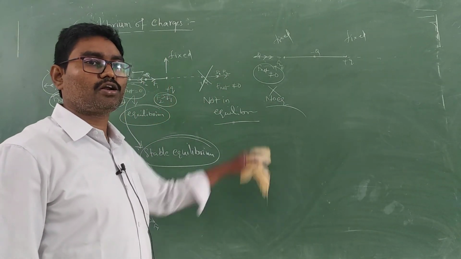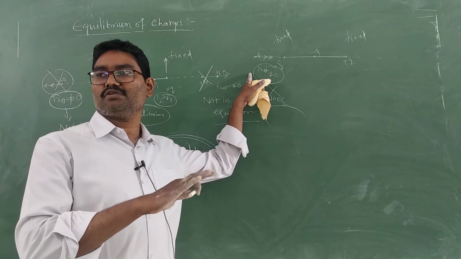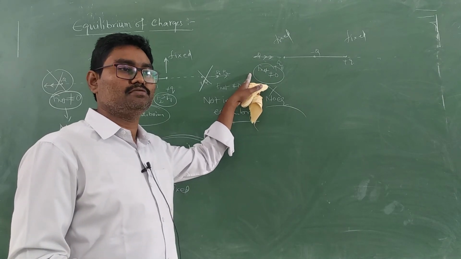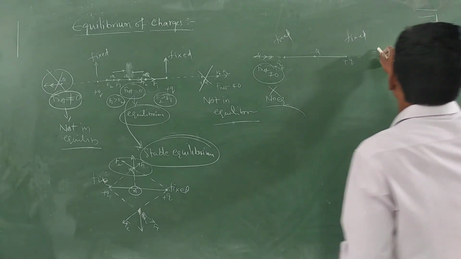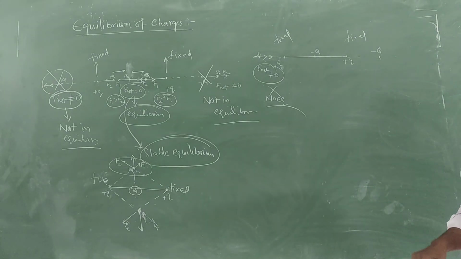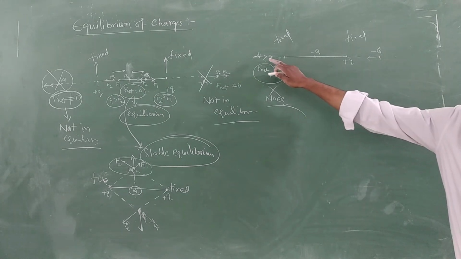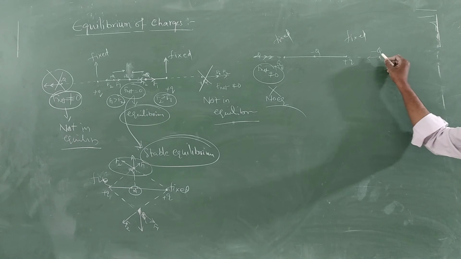Clear? Okay, net force is not 0. For equilibrium, net force has to be 0. Here net force is not 0. Now think about the right side. If I place minus Q here, what will happen? This plus Q will pull it towards itself, and even the other plus Q will also pull it towards itself.